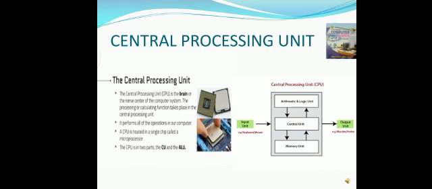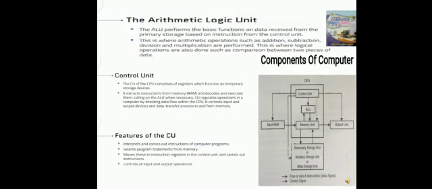Then we have the ALU, the arithmetic logic unit. It performs the basic functions on data which are received from the primary storage based on instructions from the control unit, where addition, subtraction, division and multiplication, which are arithmetic operations, are done.